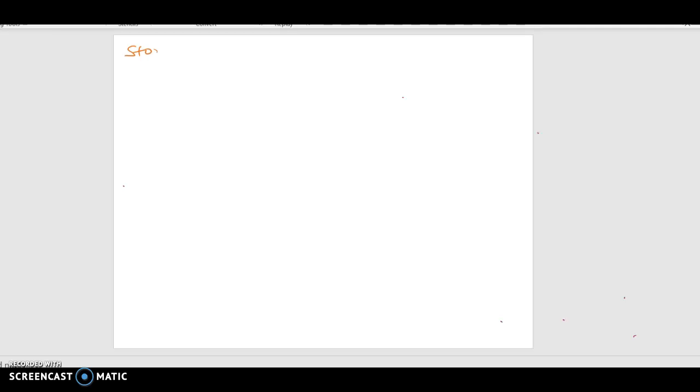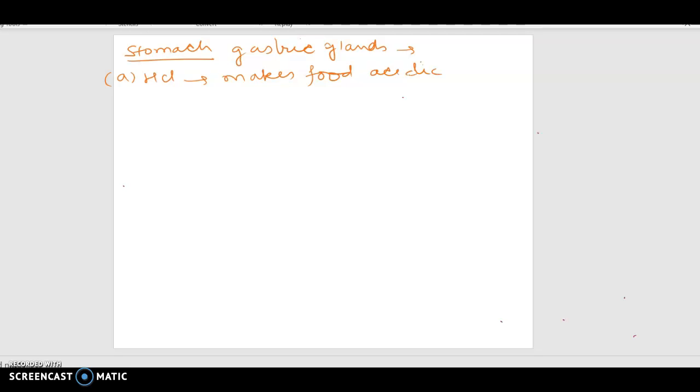Then in the stomach, gastric glands are there, which secrete HCl. It makes food acidic, killing microorganisms present in food.